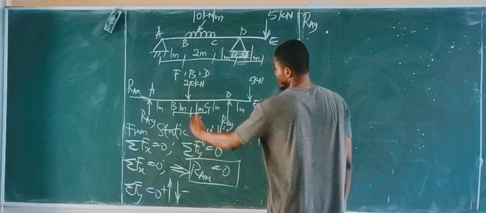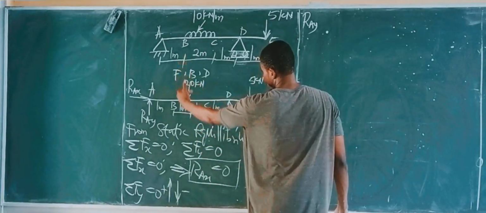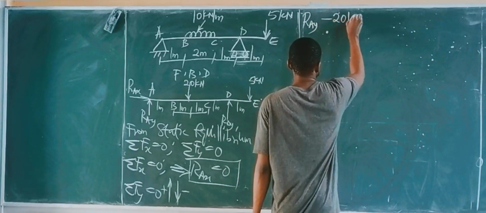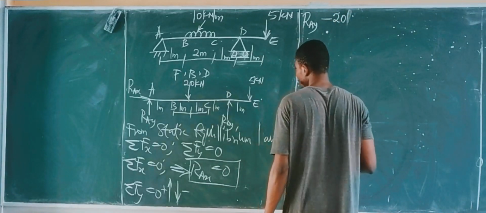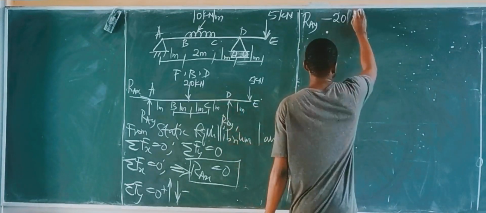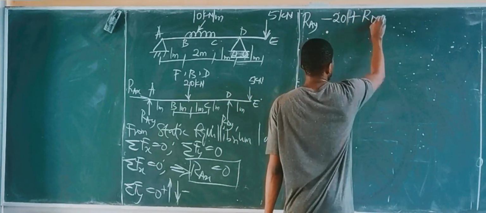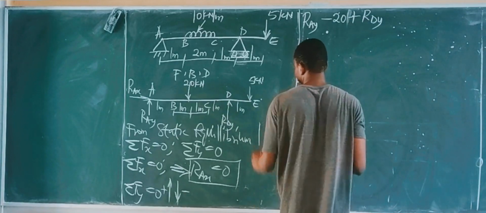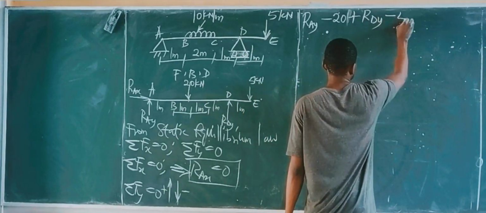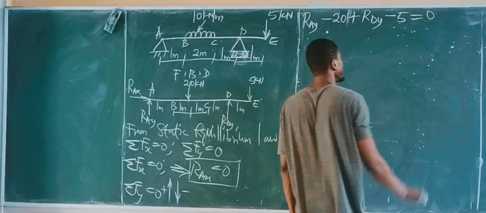Also, we have the 20 kilonewtons force acting downwards, so it's minus 20 kilonewtons. Next we have RDY pointing upwards, so it's plus RDY, and finally we have the 5 kilonewtons force pointing downwards, so it's minus 5, and that's equal to 0.